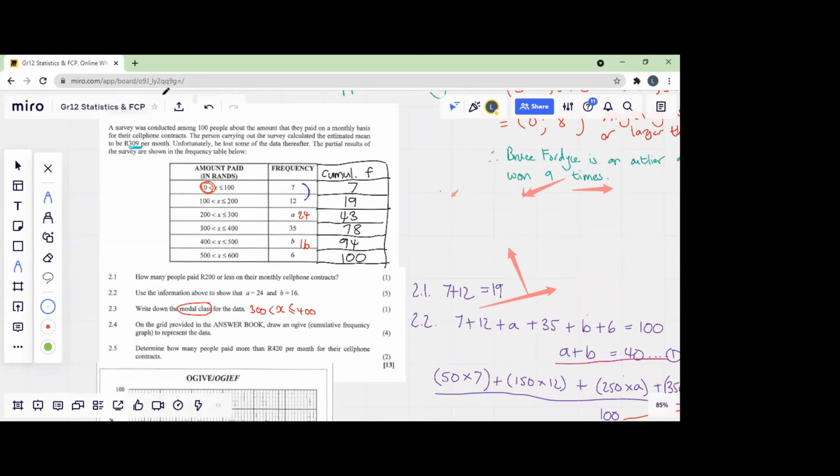So this value over here, the 0, plotted against 0, is going to be our x-intercept. Okay, so this would be the x.